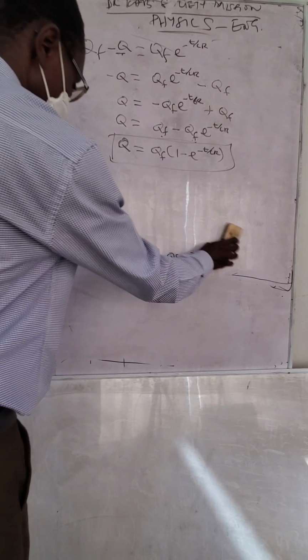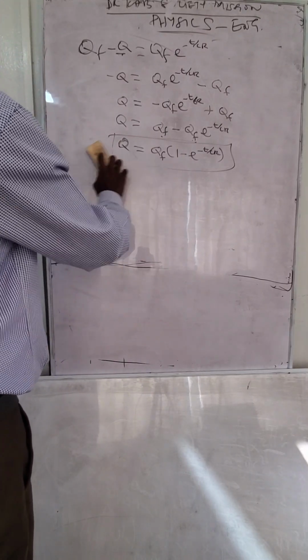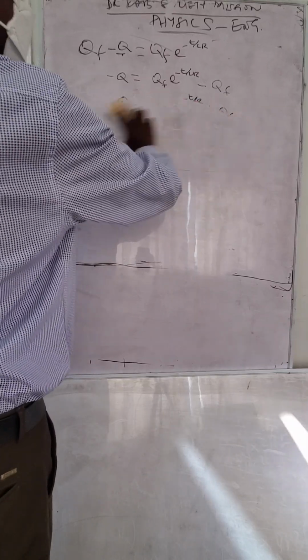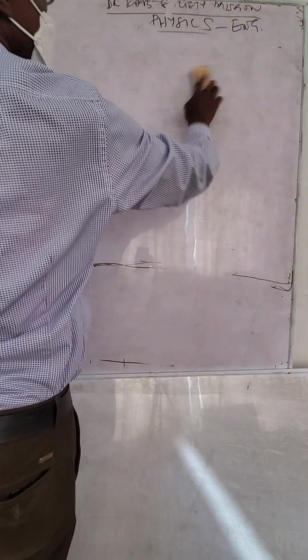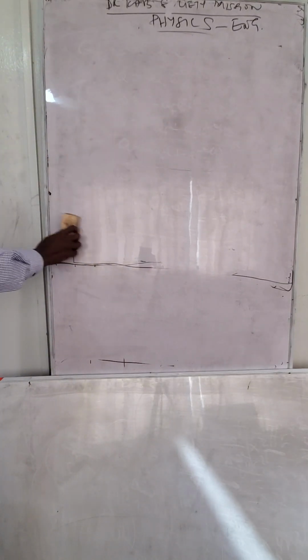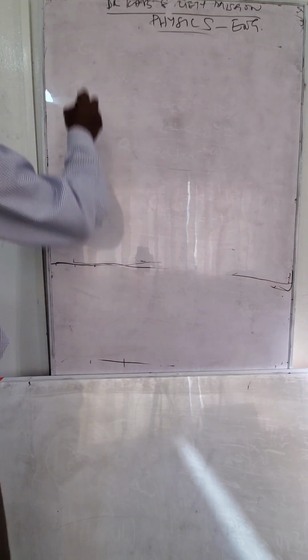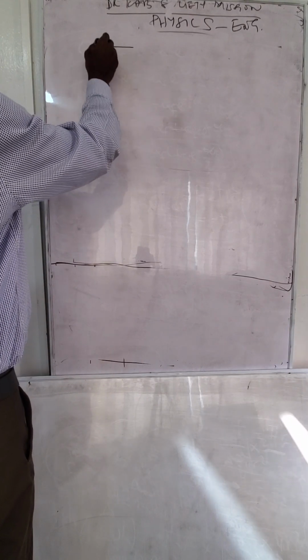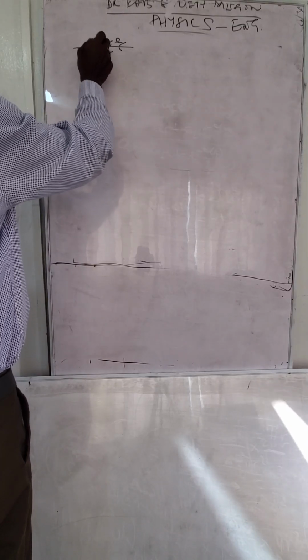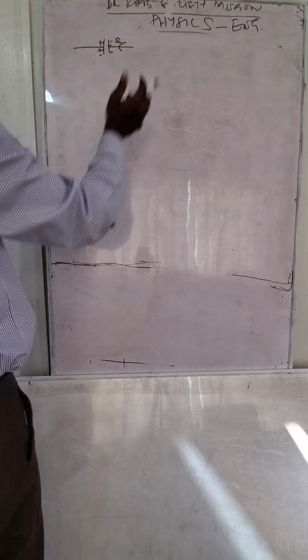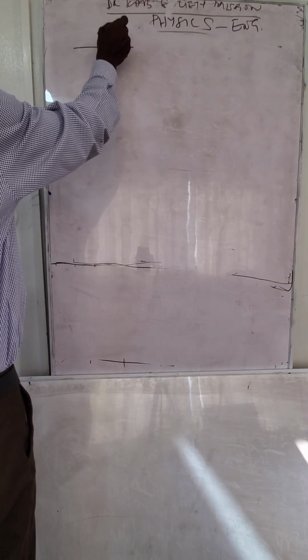Now let's look at the work, the energy stored in the capacitor. So the energy stored in the capacitor, this is a capacitor. Electrons are coming to make it negative here and make this positive. So we are charging it.